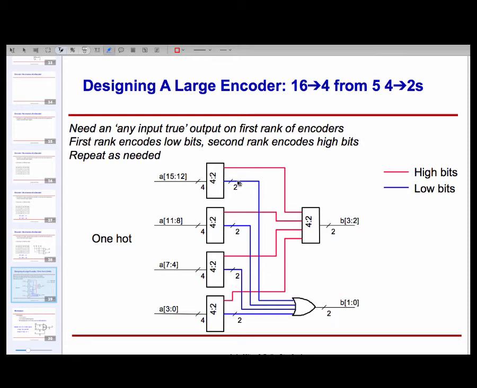So now what is happening is that we are feeding my 16-bit 1-hot code, divided into chunks of 4 bits, to the 4 encoders. Exactly one of these encoders is going to have a valid output.